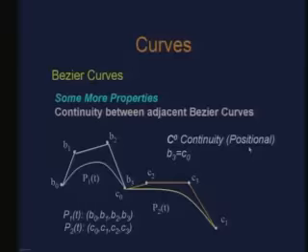So, we are talking about positional continuity. That is what we call C0 continuity.